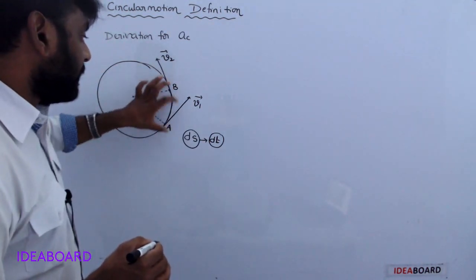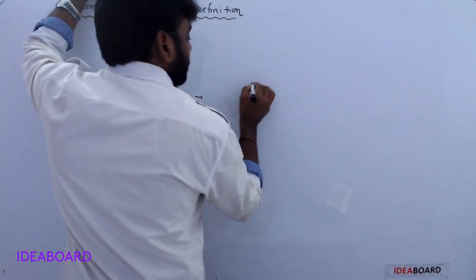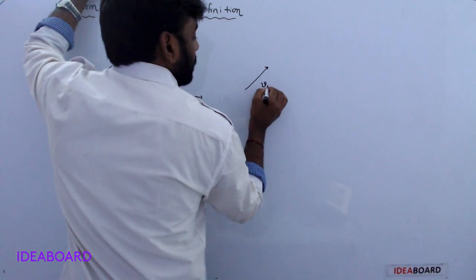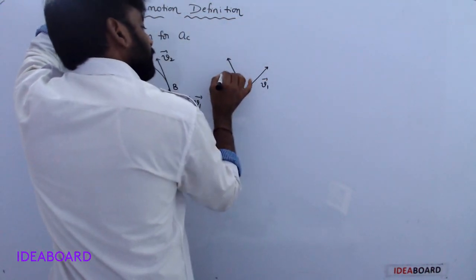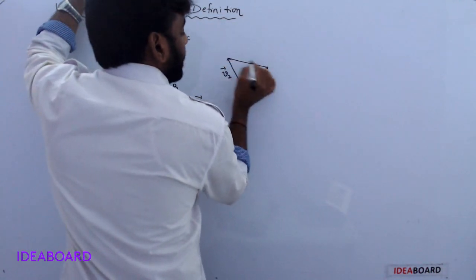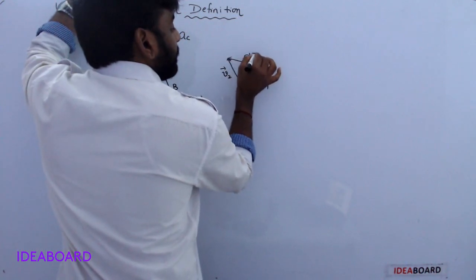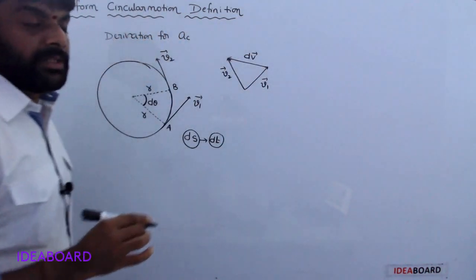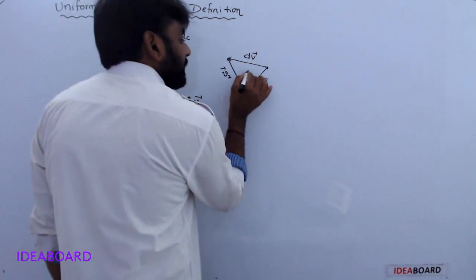For our convenience, these two are taken outside. In direction, this one is v1 bar, this one is v2 bar. Now it gives the dv. This angle is d theta.